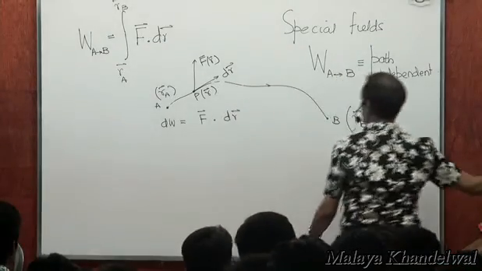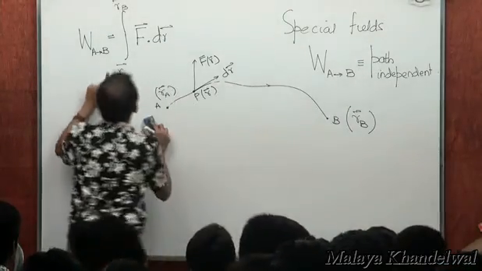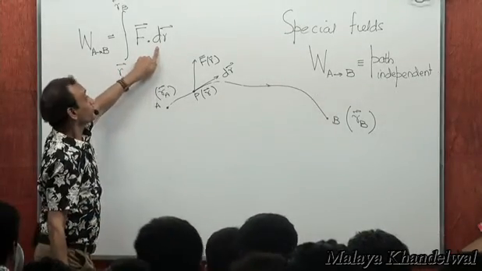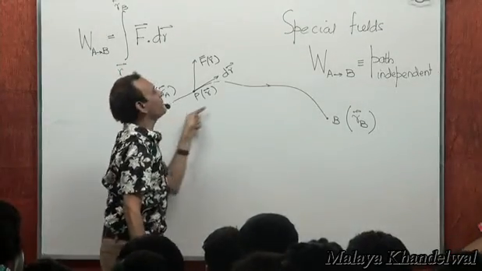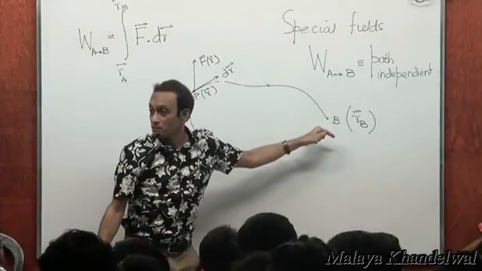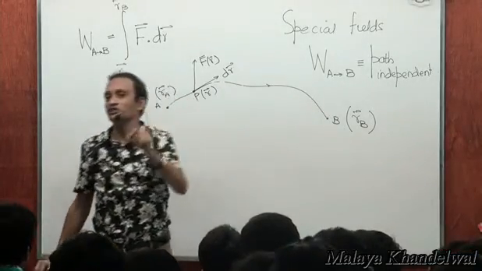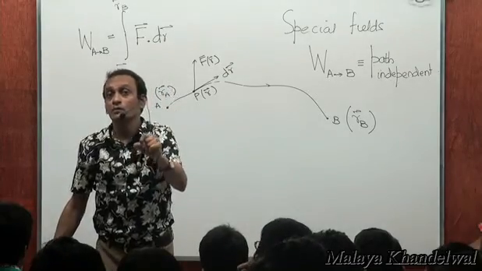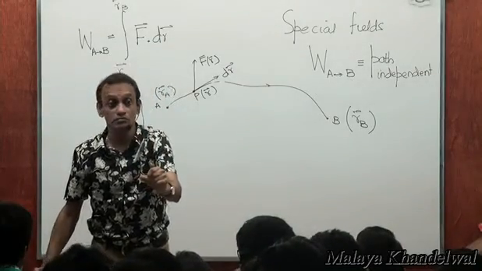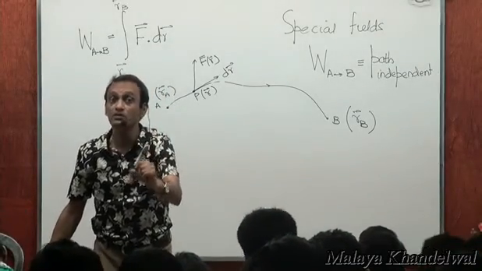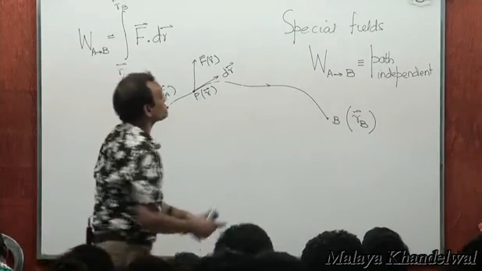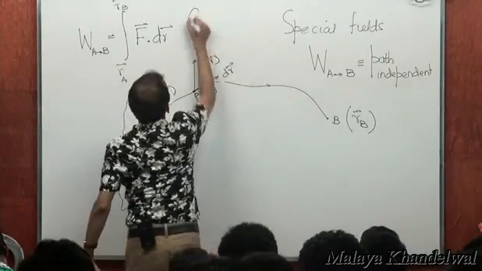That means the calculation of this integral will give you the same value irrespective of the path actually taken between A and B. Such fields that characterize path independent work done, such force fields are called conservative force fields.